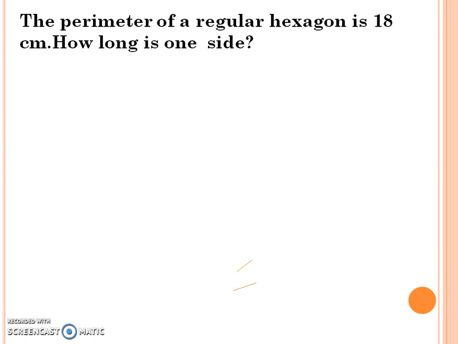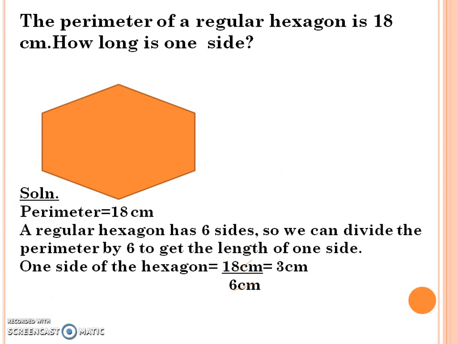Okay. The perimeter of a regular hexagon is 18 centimeter. Okay. How long is one side? Now the perimeter is given to you as 18 centimeter, and a regular hexagon has 6 sides. Hexagon, hexa meaning 6 sides.